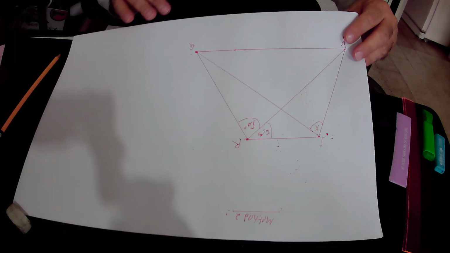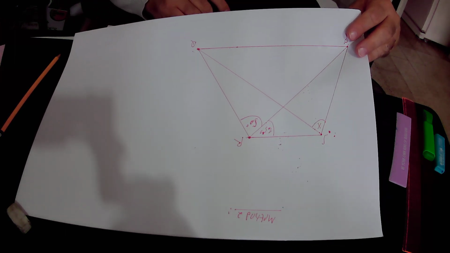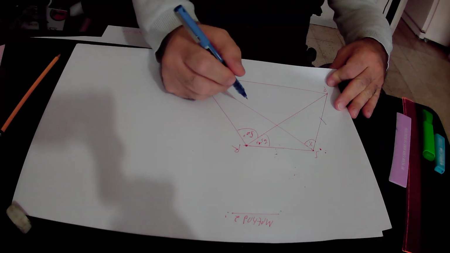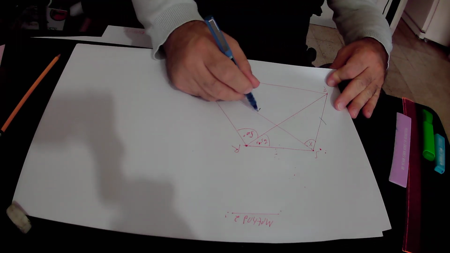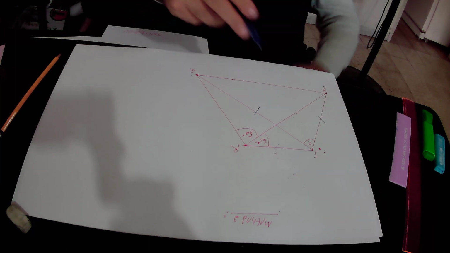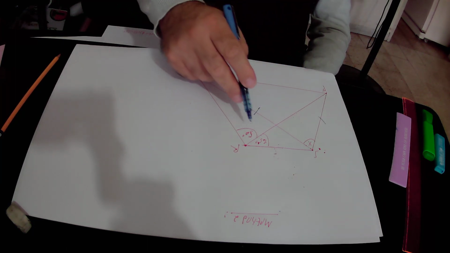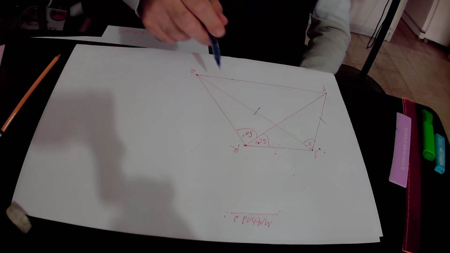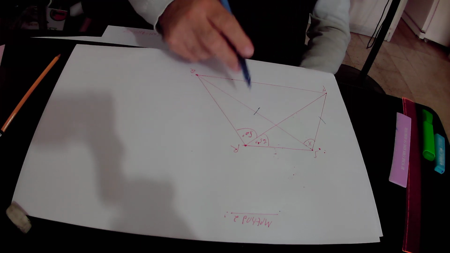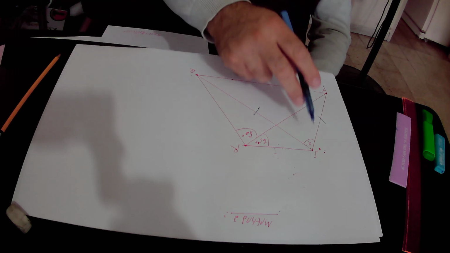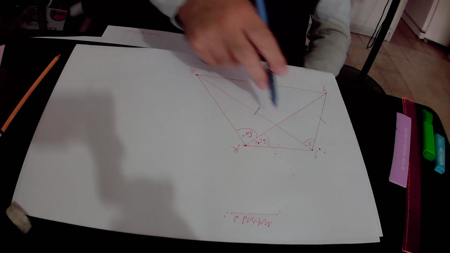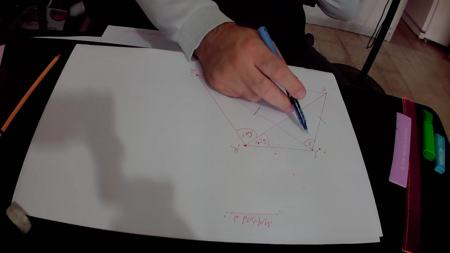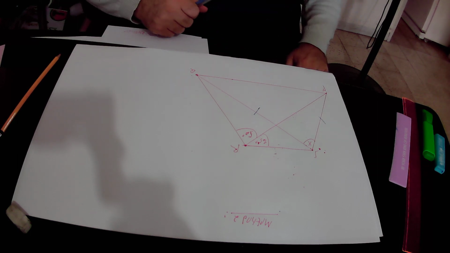Here we know that SP equals SQ, angle SRP equals 65 degrees, and angle PRQ equals 50 degrees. Again, PS equals SQ, and we want to find the value of angle X.